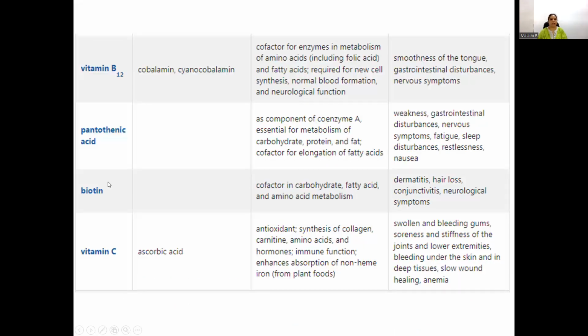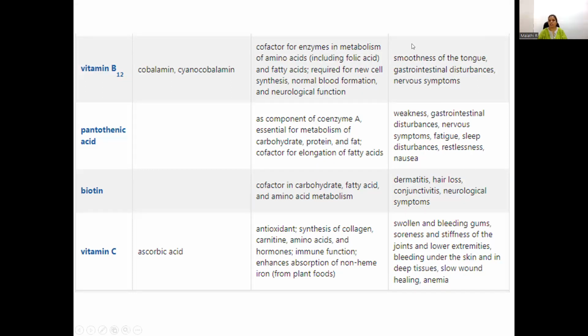Along with folic acid, vitamin B12 is also involved in the metabolism of amino acids and fatty acids, and it is required for new cell synthesis, normal blood formation, and normal neurological functions. All these are the major functions of vitamin B12. Apart from that, it is also required for the general functioning of the biological system.